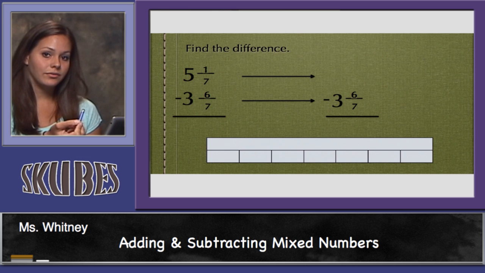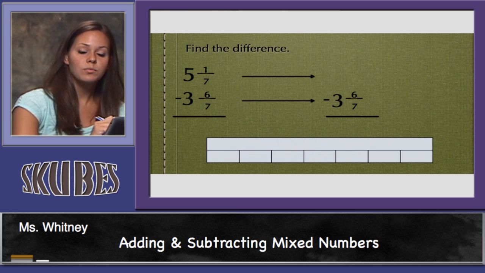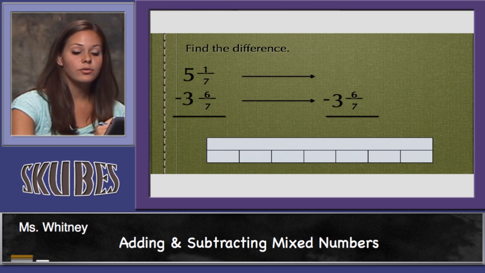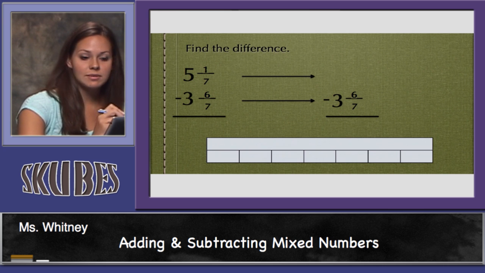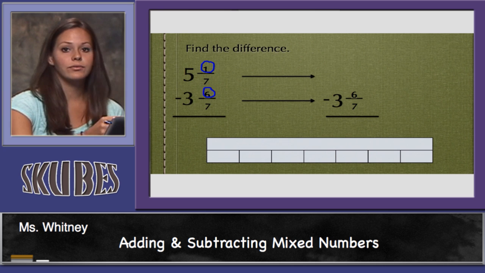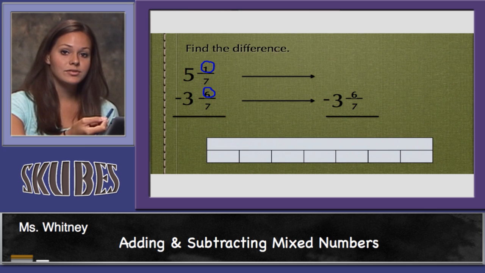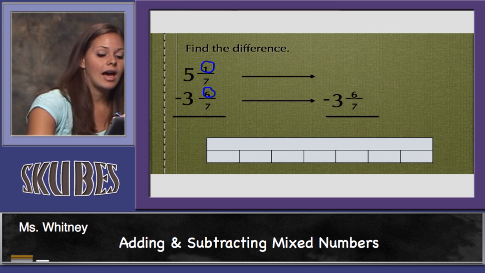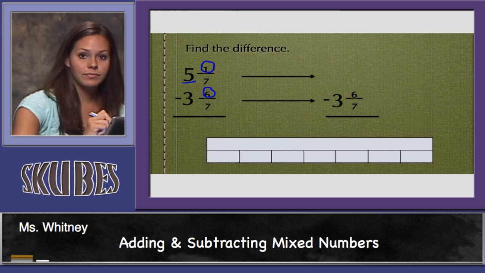Okay, now we're going to find the difference. We have 5 1/7 take away 3 6/7. When I take a look at the numerators in my fractions, I know that I cannot take away 6 from 1. So I'm going to have to regroup. I have 5 wholes.